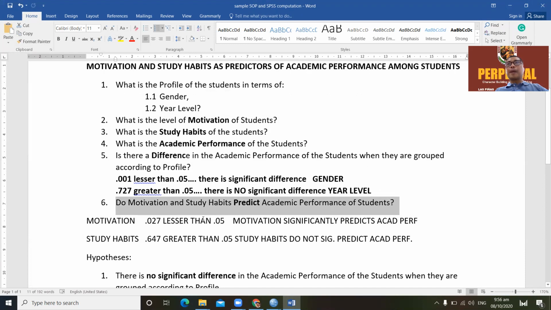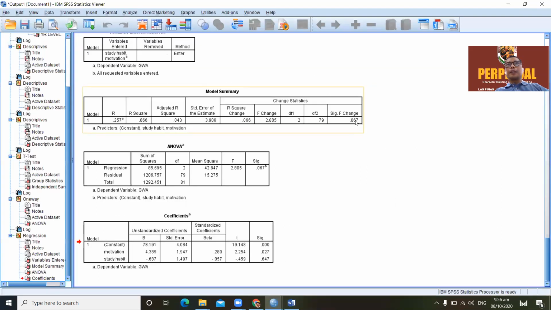When you combine the two, it does not predict academic performance. Why? Because in the previous data, it only yielded 0.067, which is greater than 0.05. The answer is it does not predict academic performance; it does not have a significant effect.